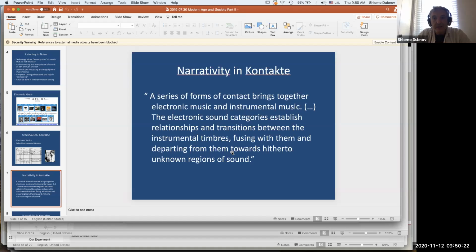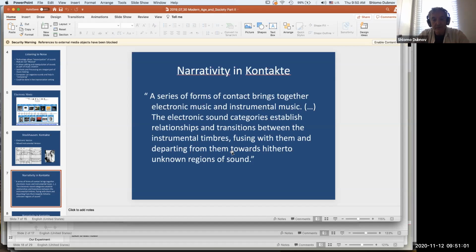The story is in relations between electronic and musical instruments, and the story is in some way just composing these various little microforms that establish these relations. Now, this is very different from the narrativity in, let's say, Jean-Claude Risset's music, right? Because there we had a story.